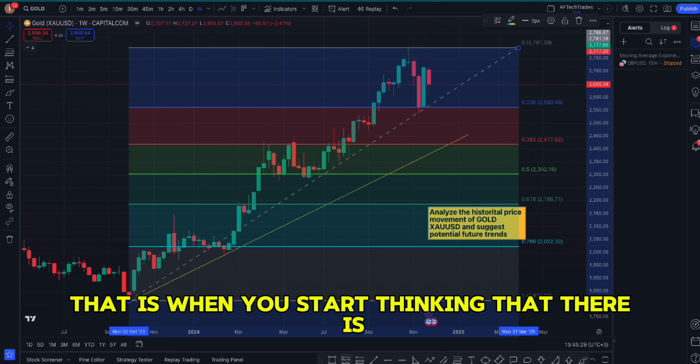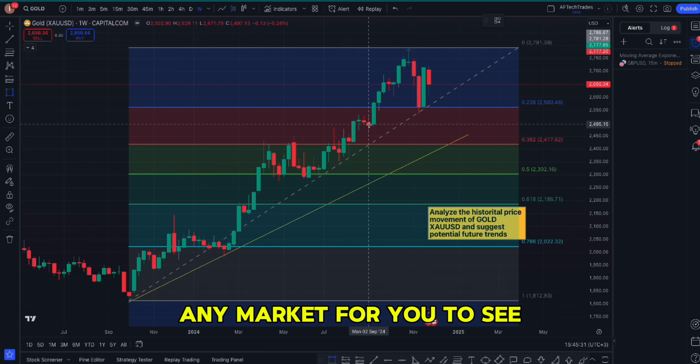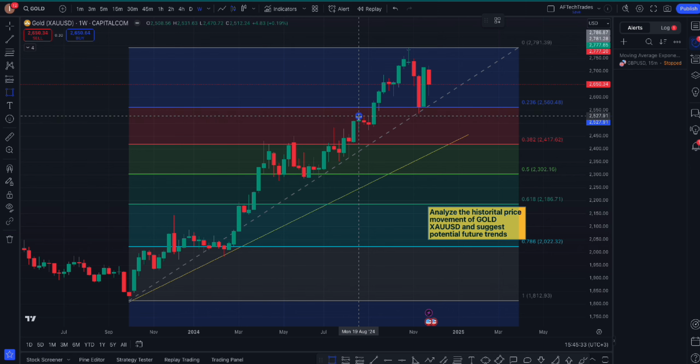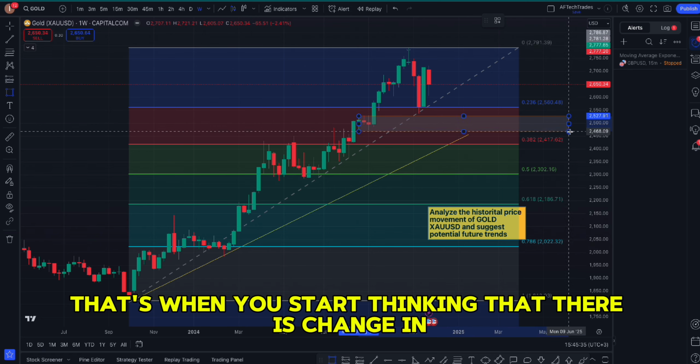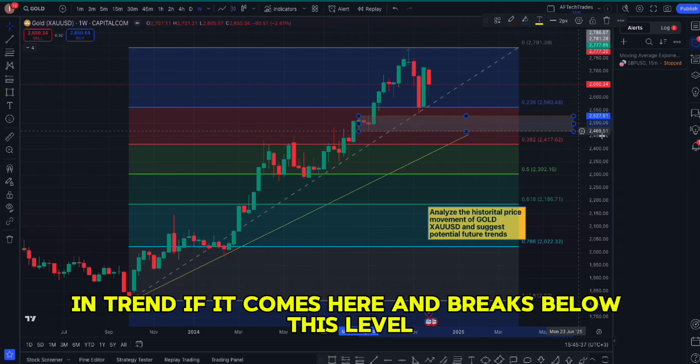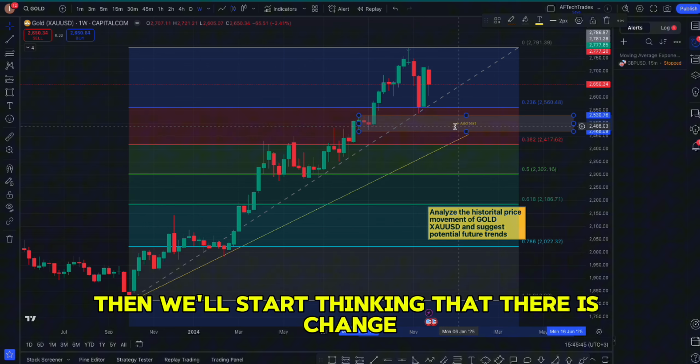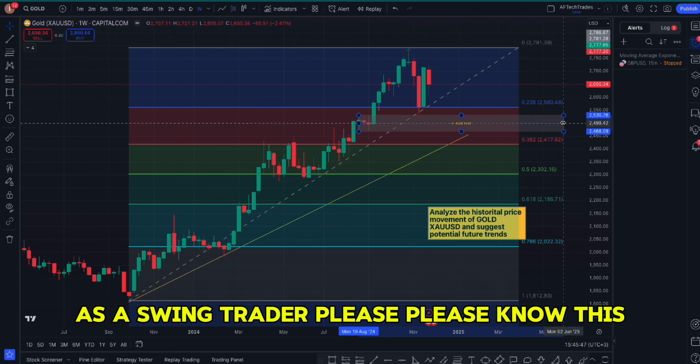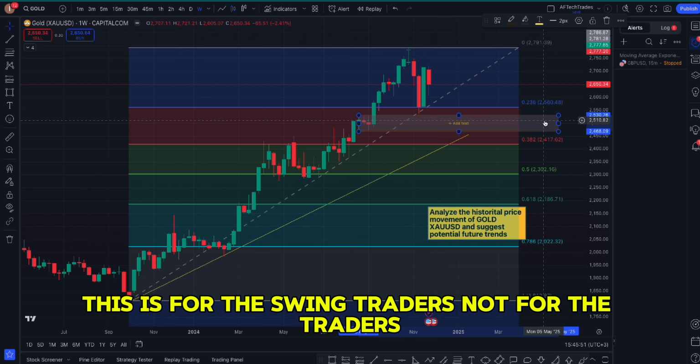Let me mark it for you to see. If it comes here and breaks below this level, then we'll start thinking that there is change as a swing trader. Please note this is for the swing traders, not for day traders.